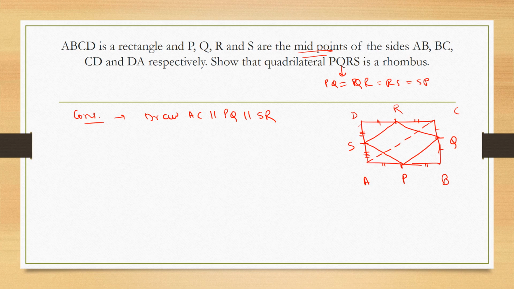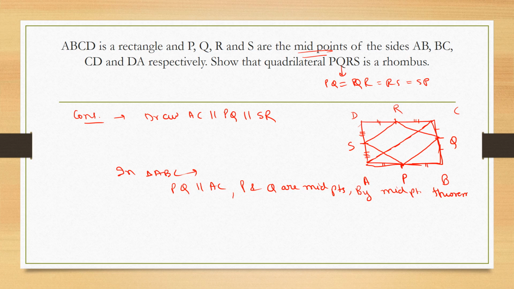Do you know, in this triangle ABC, because PQ is parallel to AC and P and Q are midpoints also, can I apply the midpoint theorem to say that, you know, the line segment joining the midpoints of a triangle is parallel and half of the third side, right?